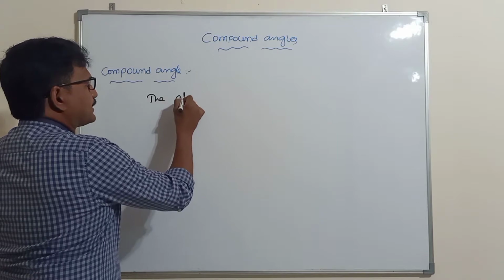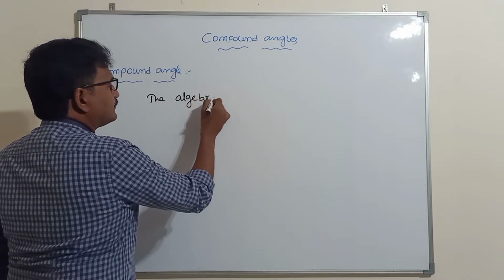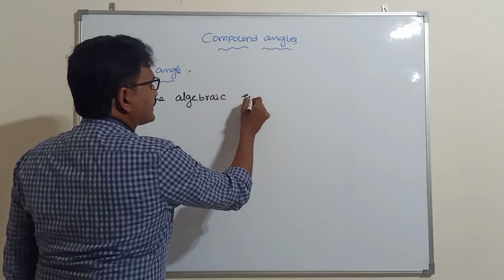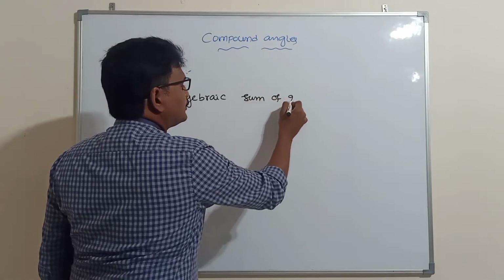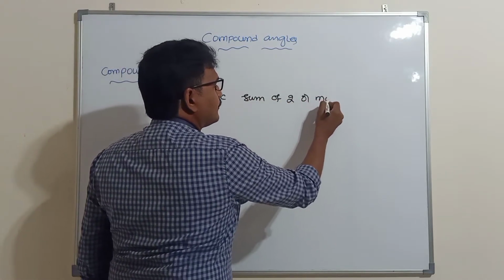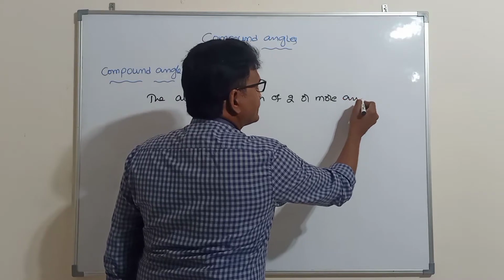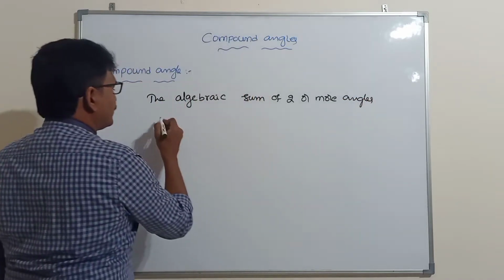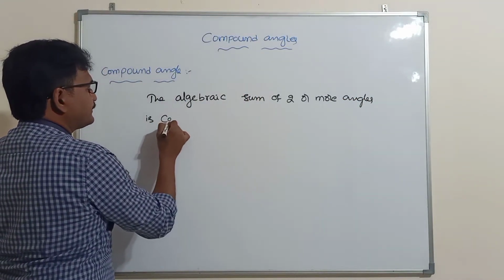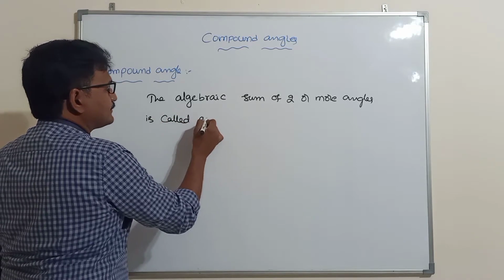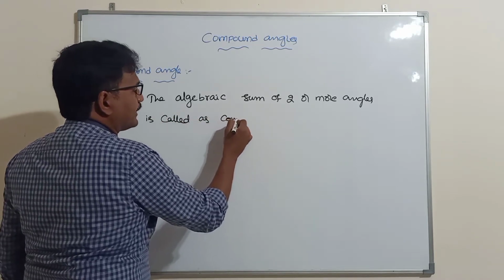The algebraic sum of two or more angles is called a compound angle.